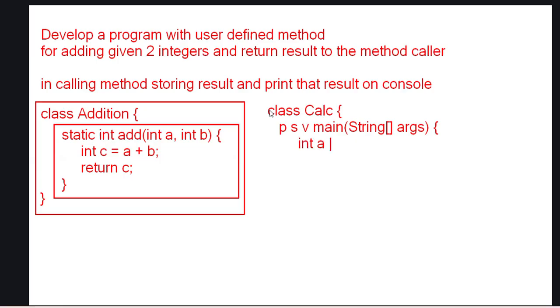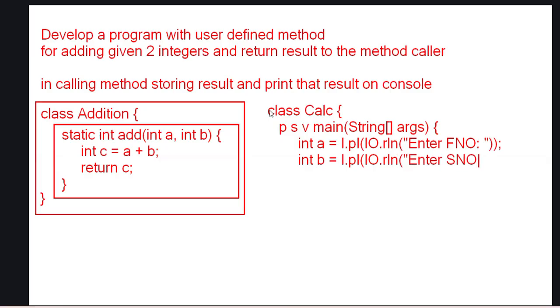Then int A equal to Integer dot parseInt of IO dot readLn of "Enter first number". You should not forget previous chapters. Next, int B equal to Integer dot parseInt of IO dot readLn of "Enter second number".